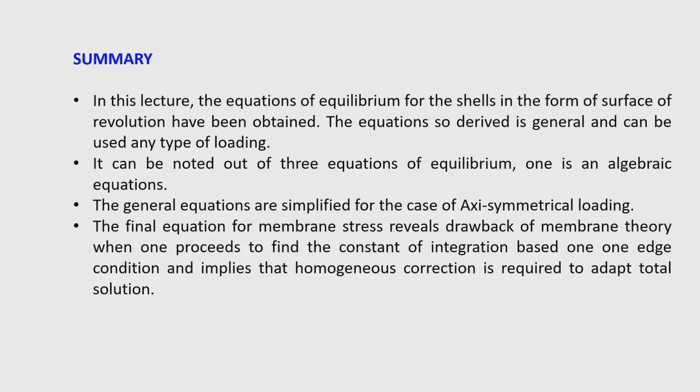So, that means a homogeneous correction has to be applied to obtain the total solution. That drawback has to be removed to use the membrane solution near the edges, but away from the edges the membrane solution gives reasonably accurate results. Thank you very much.